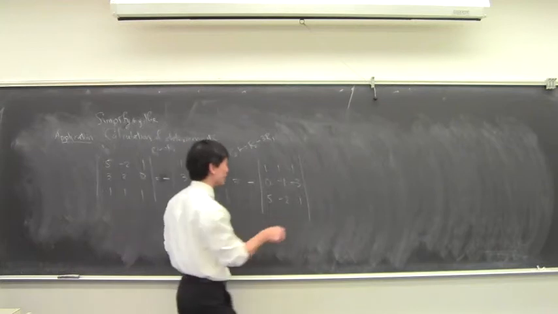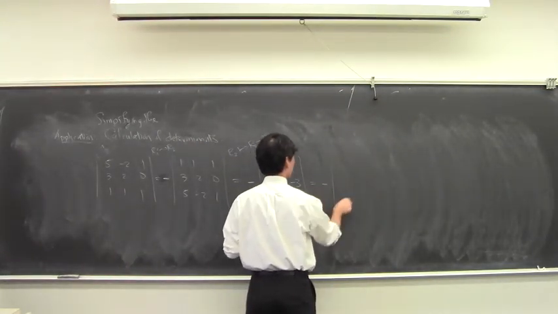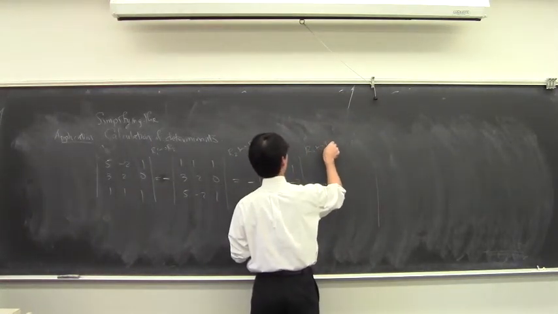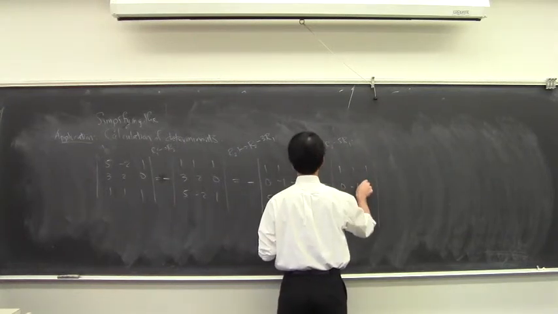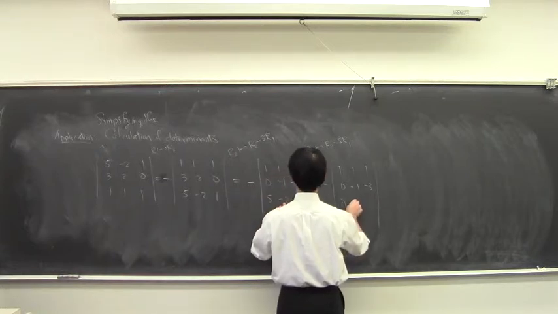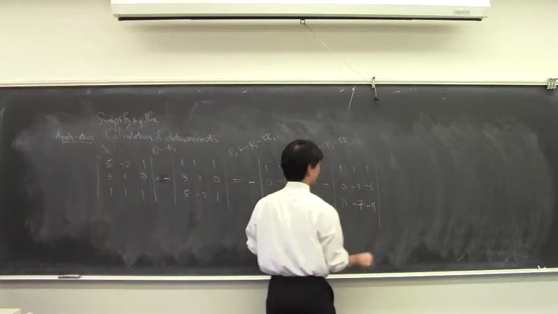And I guess we'll do it, but it's not the most exciting thing. So now I'm going to do the same thing to row 3. Row 3 becomes row 3 minus 5 of row 1: 1, 1, 1, 0, -1, -3, 0, minus 5 of that becomes -7, minus 5 of that becomes -4.